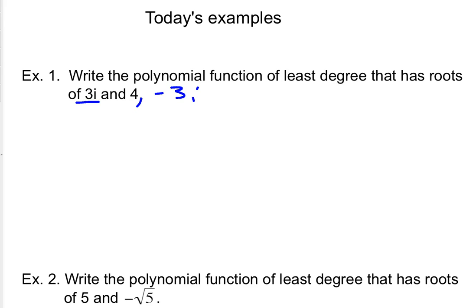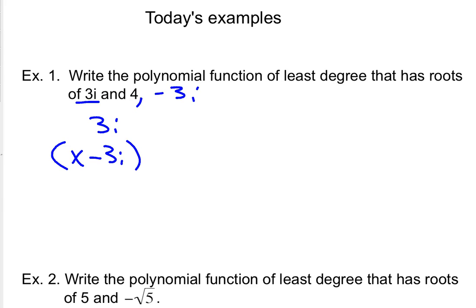So we're going to take each of these roots and write the binomials that go with them. A little bit different looking here, but same idea. If 3i is a 0, then x minus 3i is a factor. 3i is a 0, it is a root, but x minus 3i is a factor.